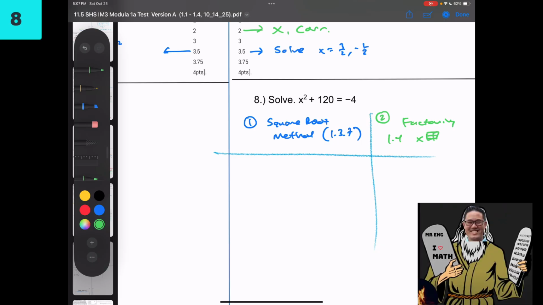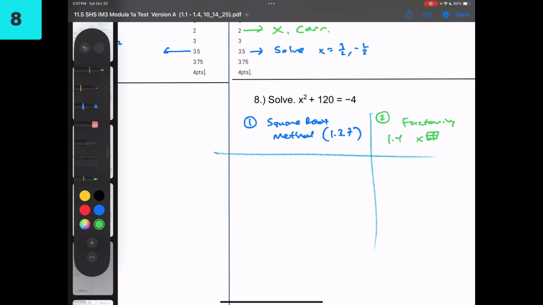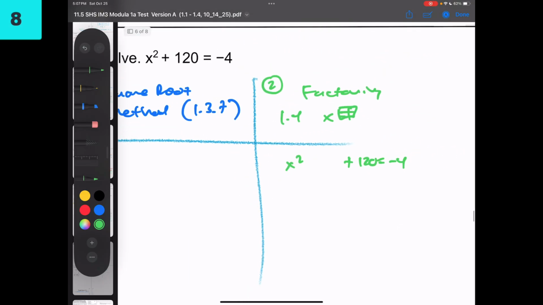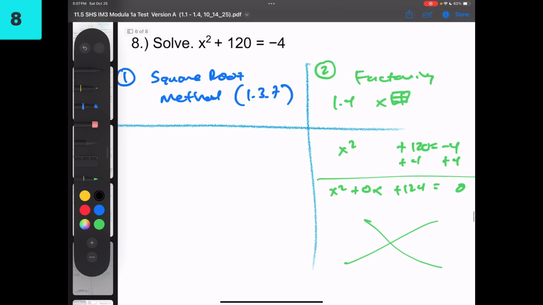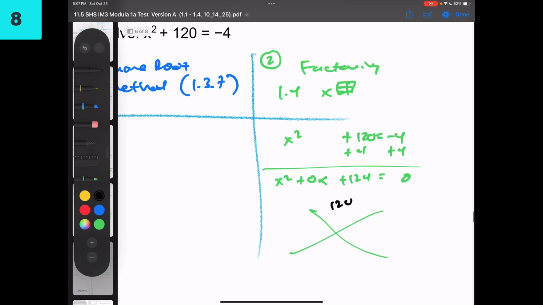Okay, so this one's pretty easy to show. This one does not work. If you add 4 to both sides, x squared plus 124 equals 0. And then you'll realize really quickly, a times c is 124, b value is 0.